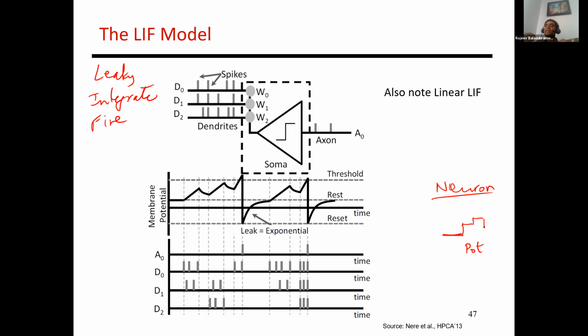Over time, as you get these spikes as inputs, the potential goes up and goes down. When it finally reaches a certain threshold, we say that we've seen enough inputs and acquired enough potential, so I'm going to produce an output spike. At this point, the neuron produces an output spike and its potential goes all the way back down to the resting potential.